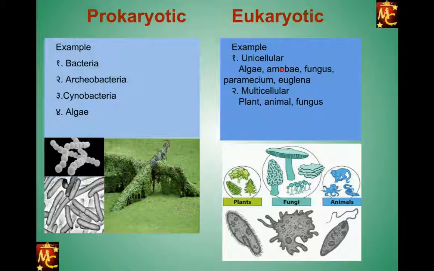They are present floating, usually in drain water, floating waters and seaway waters, etc. Many fungi, paramecium and euglena are all unicellular eukaryotic organisms. And all plants, all animals including humans, and many fungi are multicellular eukaryotic examples.